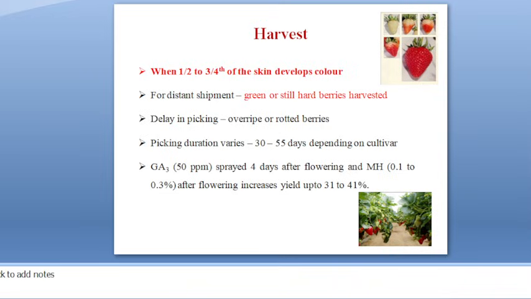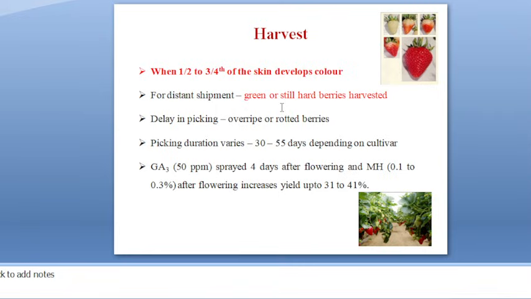Next is harvesting. This is a climacteric fruit, so we can harvest the fruit when it is ripe, or when 50% or 75% of the outer skin shows color, that is the indication of harvesting in case of strawberry.